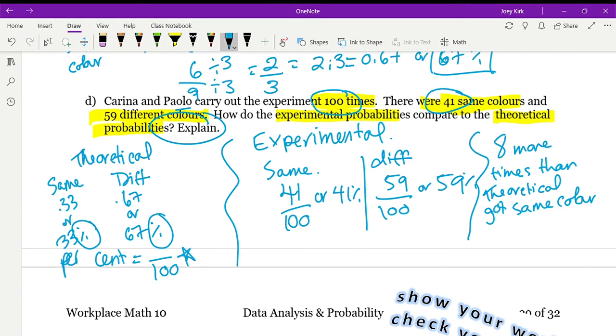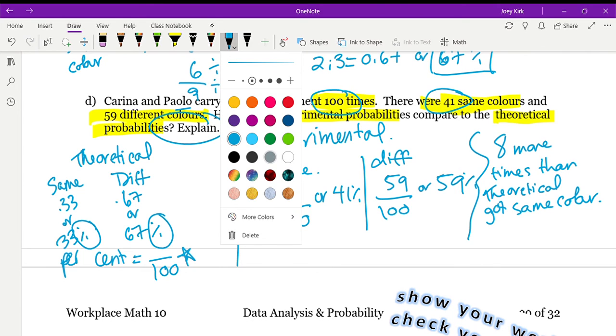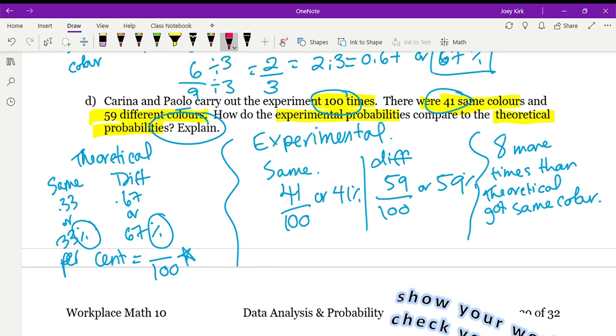Doesn't really matter how you phrase it, right? Because in real life, 59% versus 67%, which was our theoretical percentage, and for the same color, 41% versus 33%.